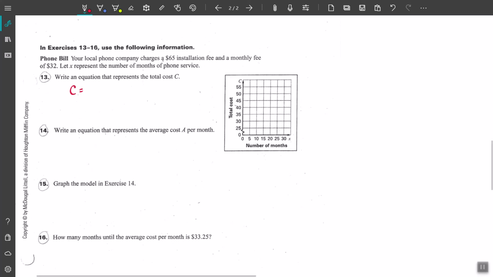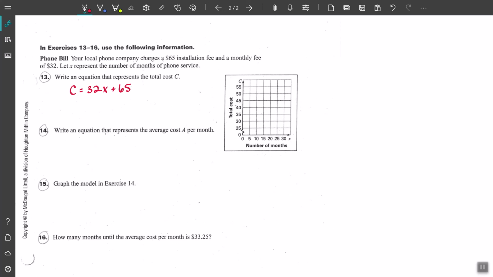The total cost, of course, is going to come from taking the $32 for the monthly fee and multiplying it by X, whatever number of months you actually have the service. And then we're going to add to that the $65 installation fee that is there regardless of how many months you actually use the service. So there's a nice linear equation. And so that part is pretty straightforward.